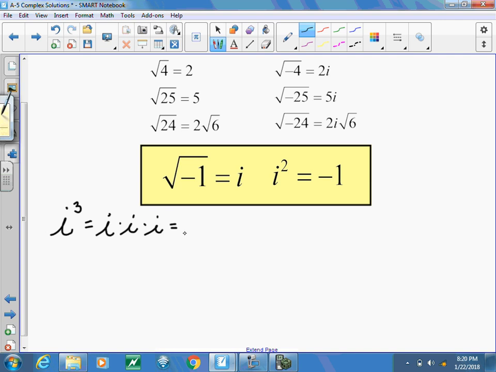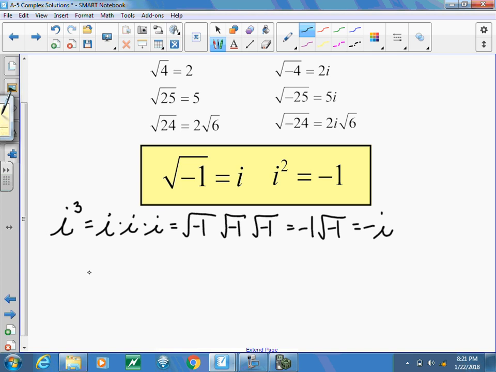If I took the square root of negative 1 times the square root of negative 1 times the square root of negative 1, the square root of negative 1 times the square root of negative 1 is technically negative 1 times 1, which is negative 1. And so I would have negative 1 times the square root of negative 1, which would be negative i.